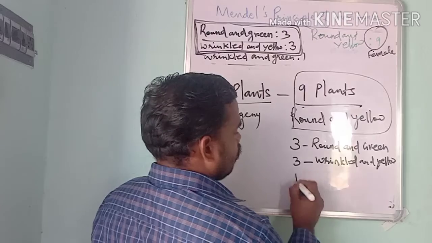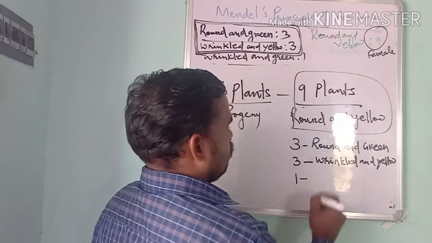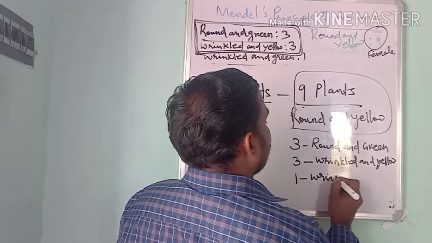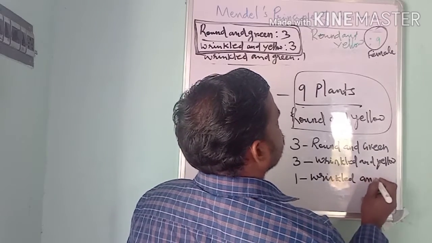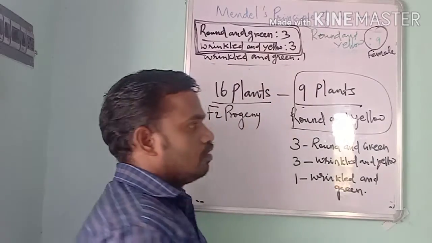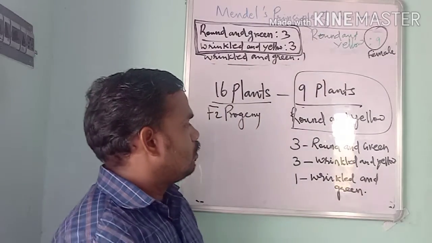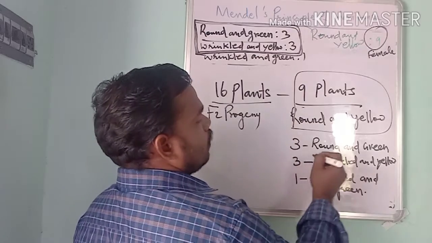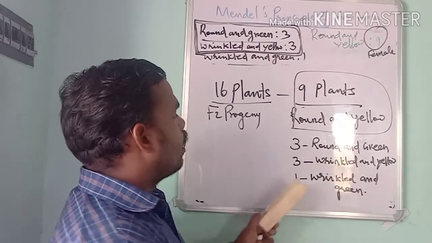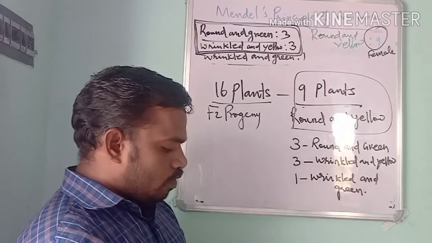Okay, one plant shows wrinkled and green. Got it? The remaining 3, they are different new traits, randomly reunite பண்ணிட்டு new traits உருவாக்கி விடுது, which is not from the parents.